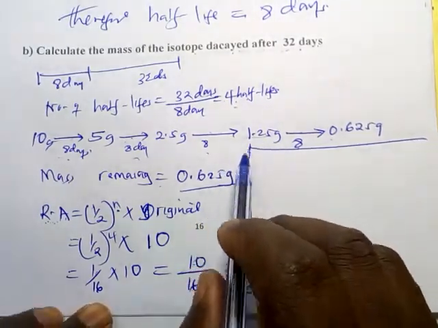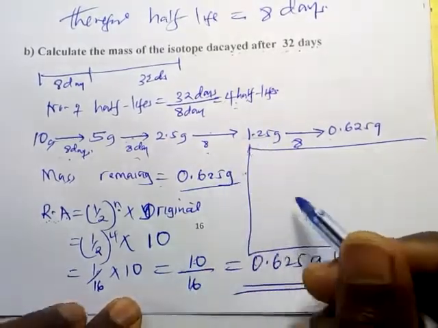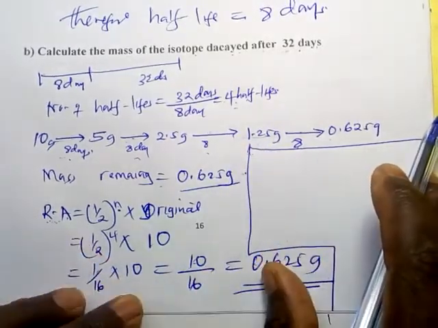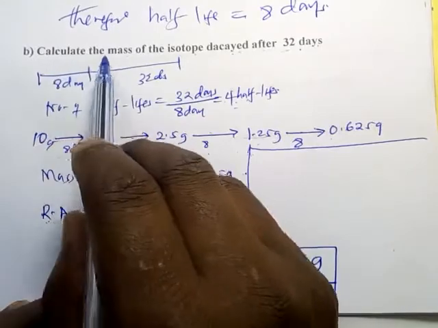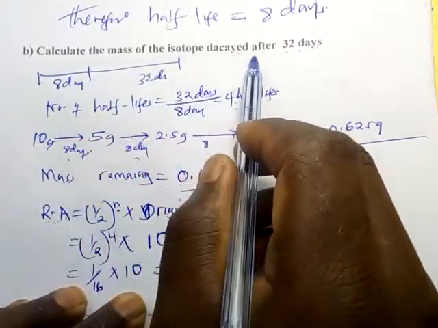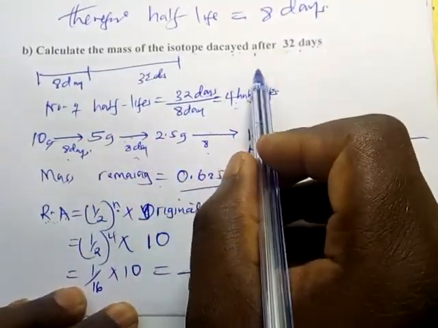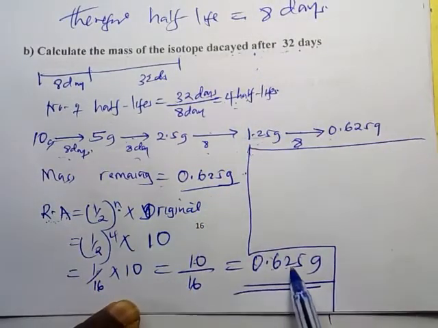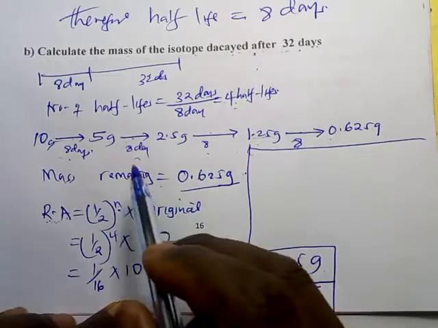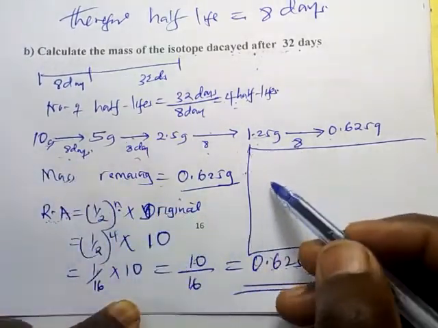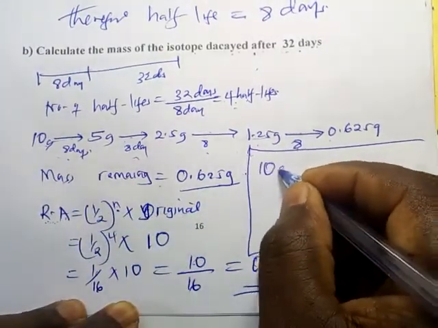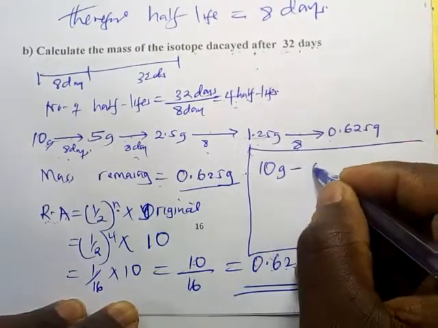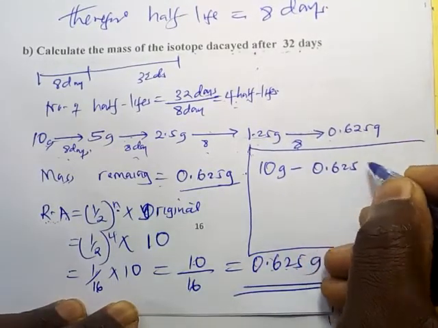Now, most of the students will fail to get the last mark because they did not understand the question. The question asks, calculate the mass of an isotope decayed. They did not ask what remained, right? So, if 0.625 has remained, and the original was 10, what was the amount that decayed? So, it is 10 grams minus the remaining 0.625 grams.